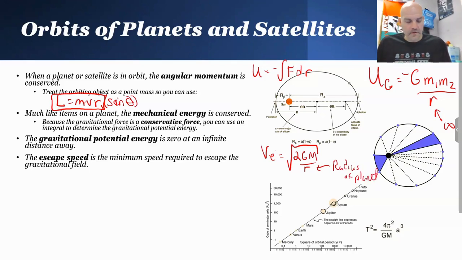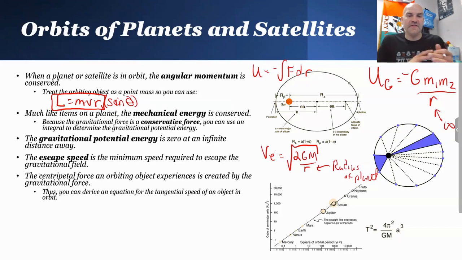The last thing, you've already seen the derivation if you watched the previous video focused on gravitational forces. The centripetal force is what keeps the planet in orbit. But remember, the centripetal force is not a force like U or F_G or friction or any of those forces.